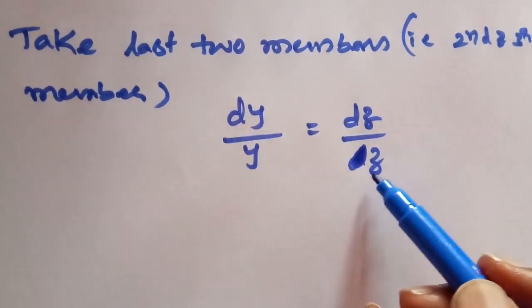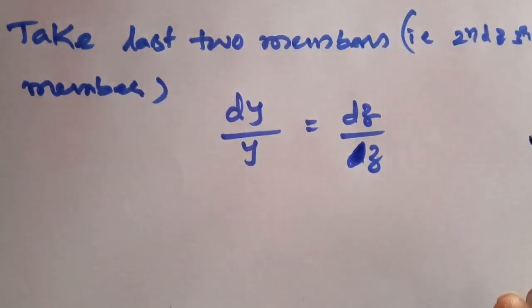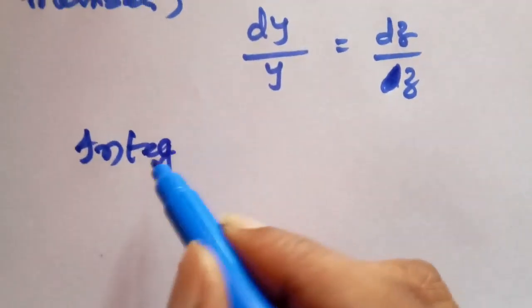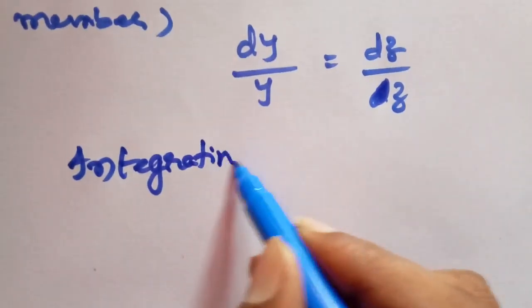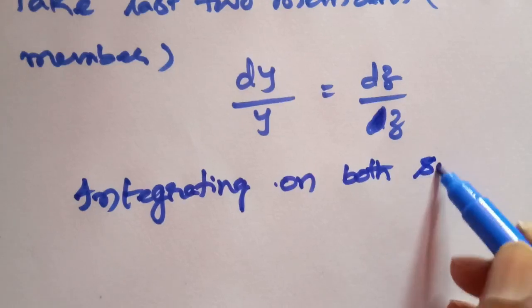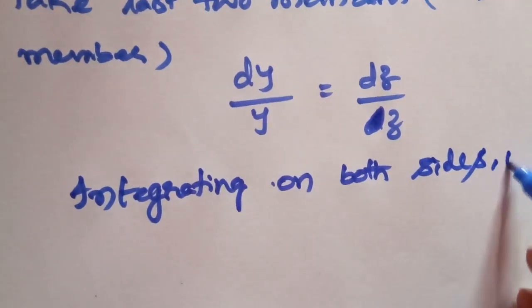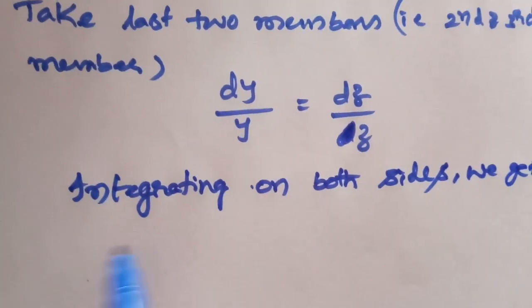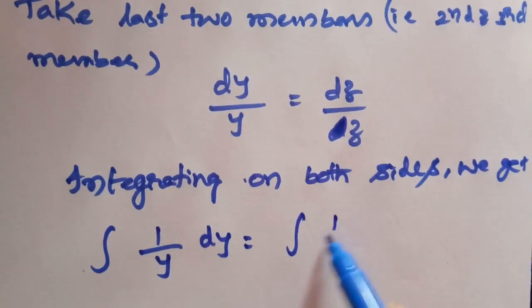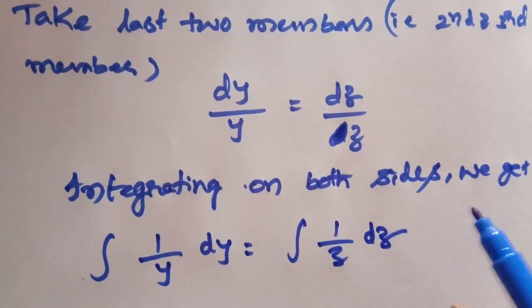Already variables also separated. So by direct integration you get the solution, integrating on both sides. We get integration of 1 by y dy is equal to integration of 1 by z dz.